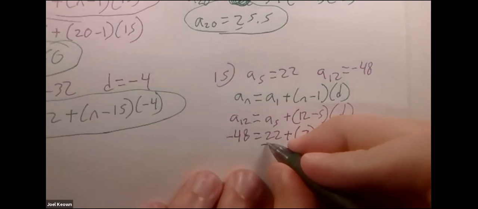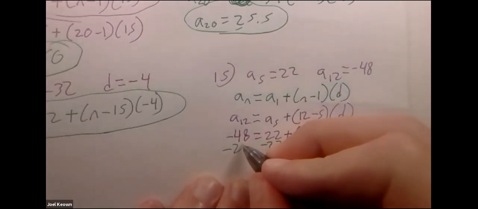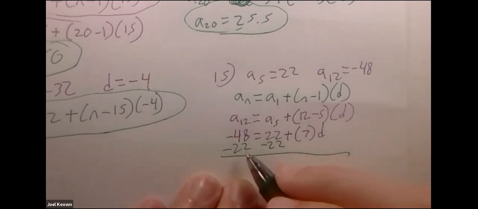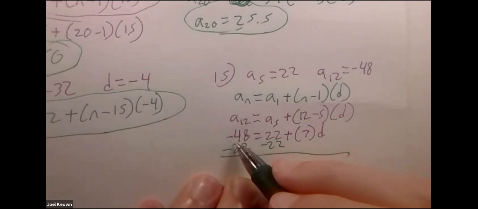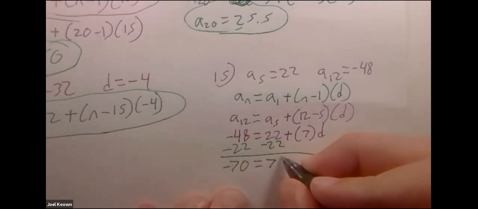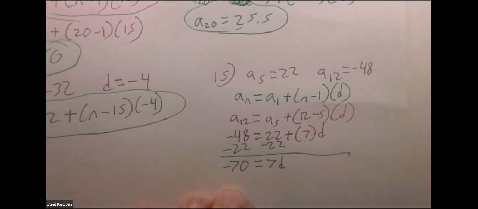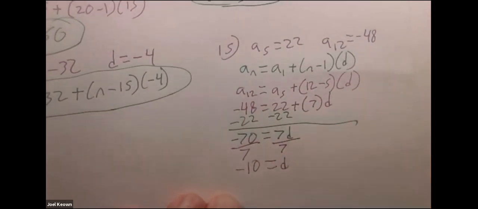I'm going to subtract 22 from both sides. If I subtract 22 from both sides, negative 48 minus 22 is negative 70, equals 7d. Divide both sides by 7, and I get d equals negative 10.